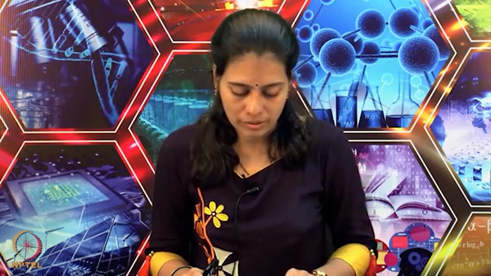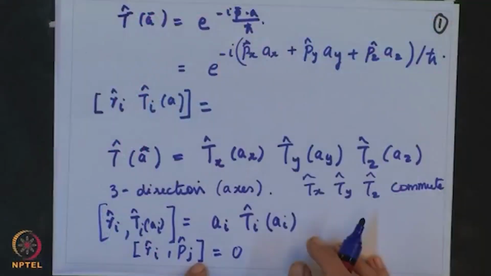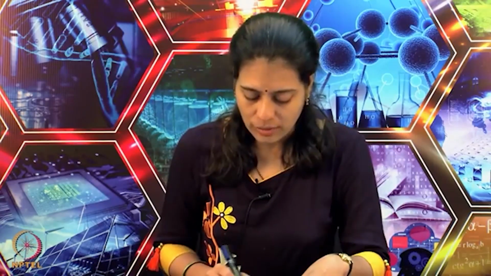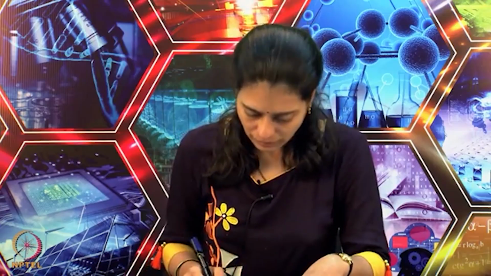These are the general relations which we have seen. In general, the commutator of Ri and Pj is i h cross delta ij. When i and j are equal, they will not commute, and when i and j are unequal, they would commute in this particular case.